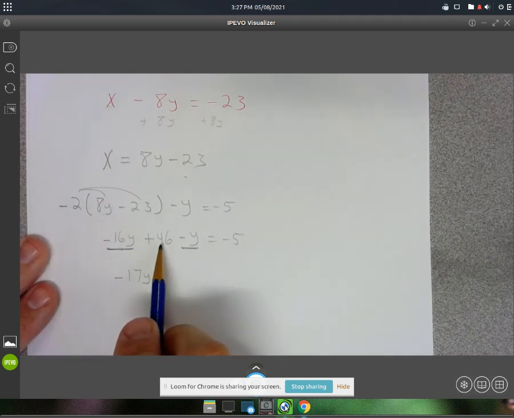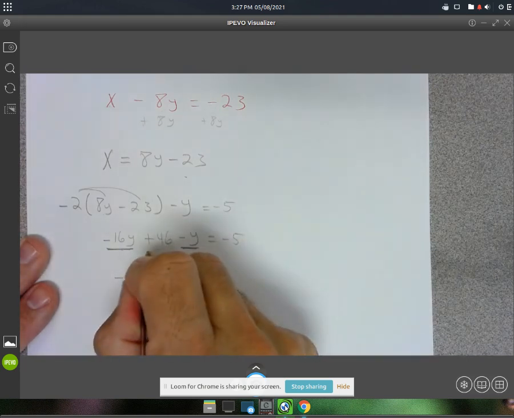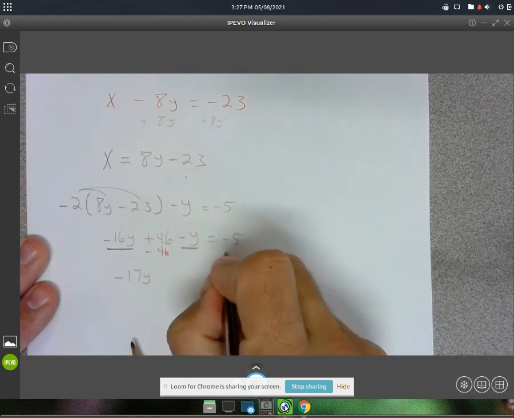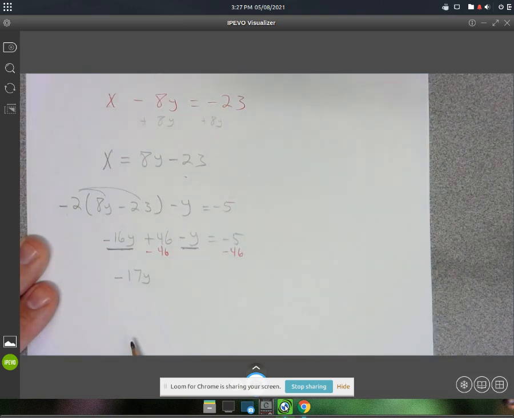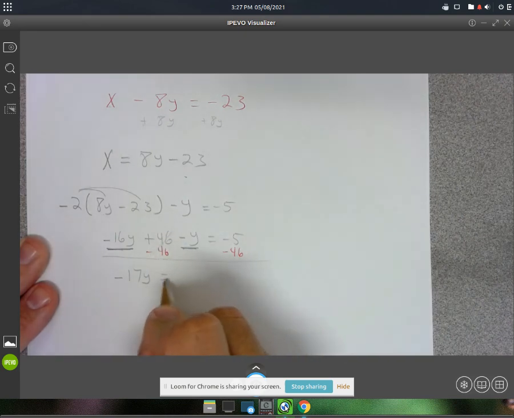And I can go ahead and move the 46 over. I'm going to minus 46 from both sides. Minus 46, minus 46. So those will cancel, and I'll get negative 17y is equal to negative 51.